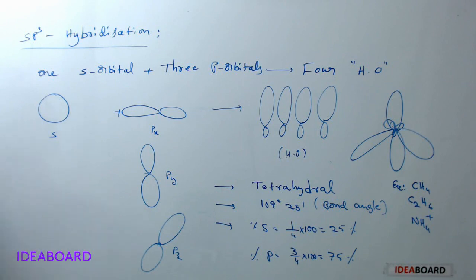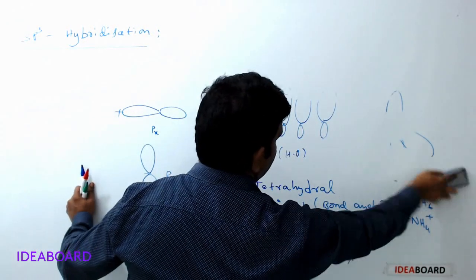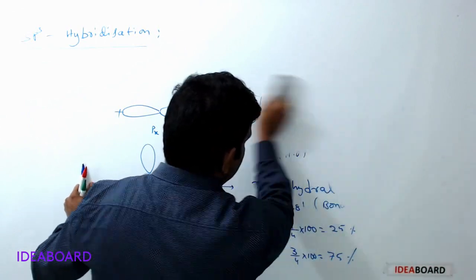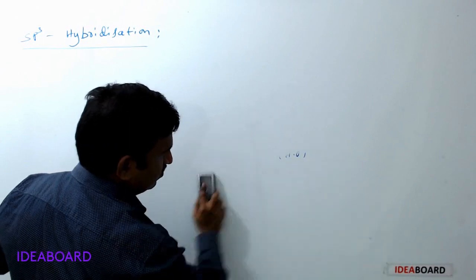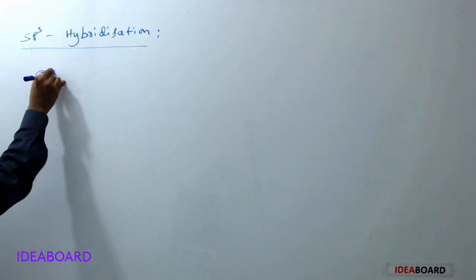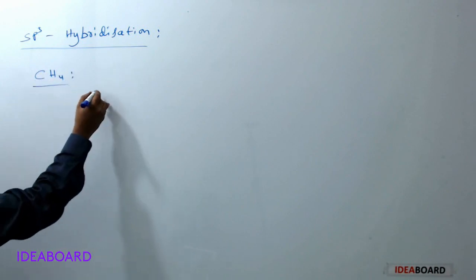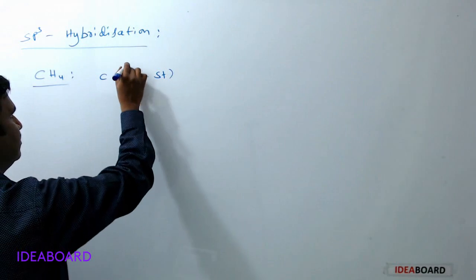That is sp3 hybridization. We will take one example for sp3 hybridization: the formation of the CH4 molecule. In this, take the ground state configuration of carbon.